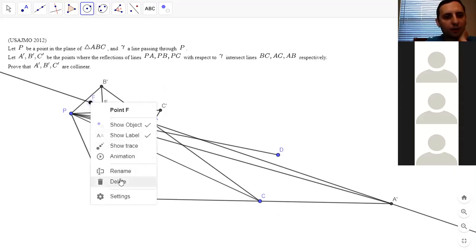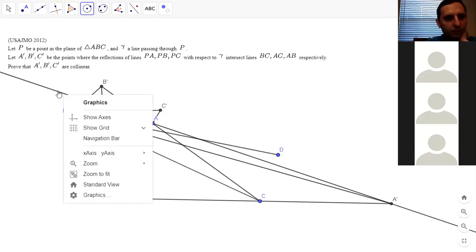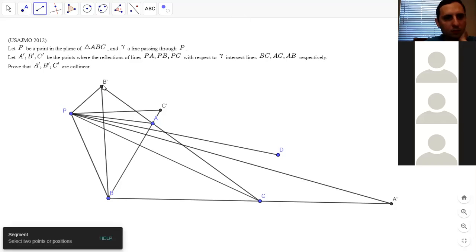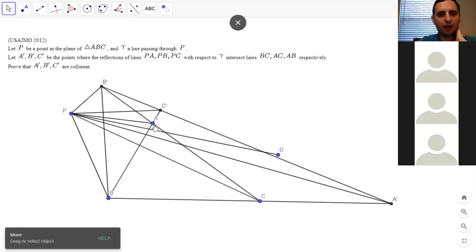Okay, so hold on a second. All right, I'm gonna go delete this. And so, oh, do they intersect? So yeah. At C prime.